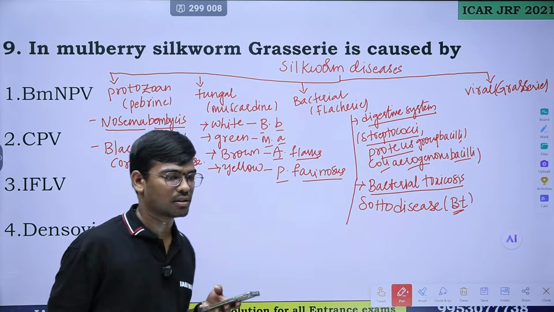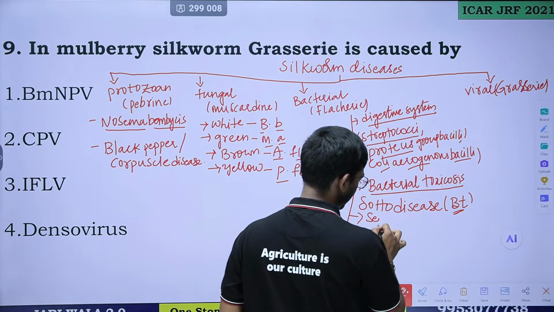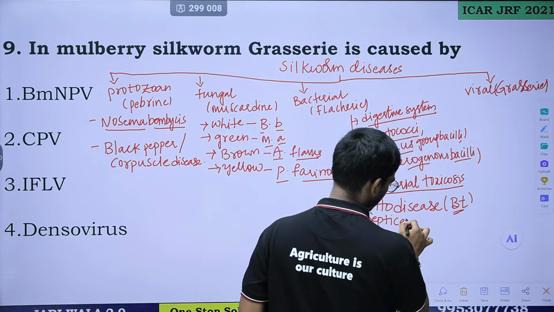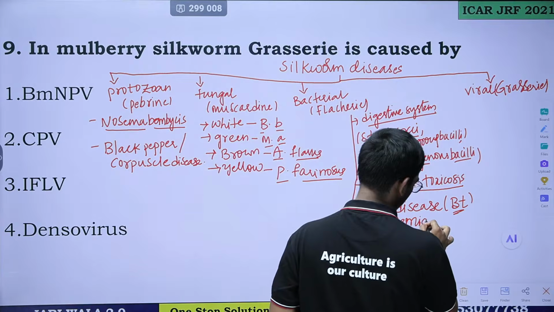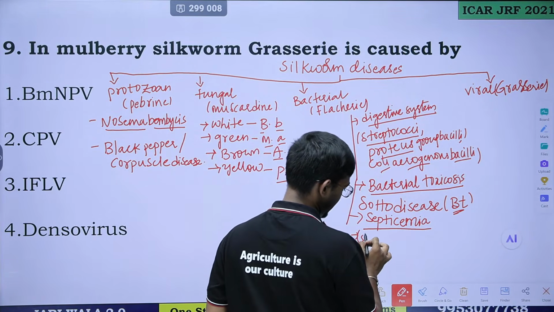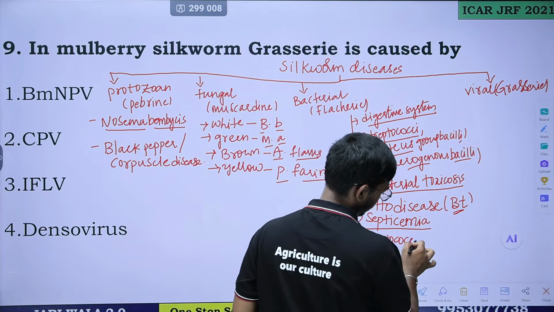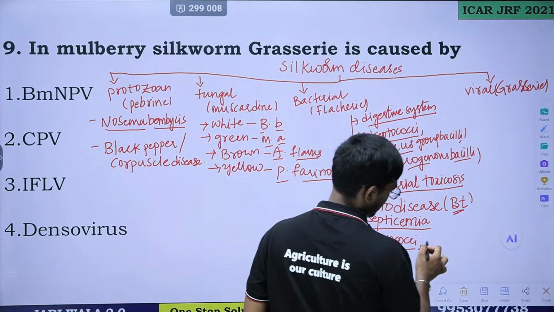Okay. Then the last one is septicemia. And here the causal organisms are streptococci and staphylococci.